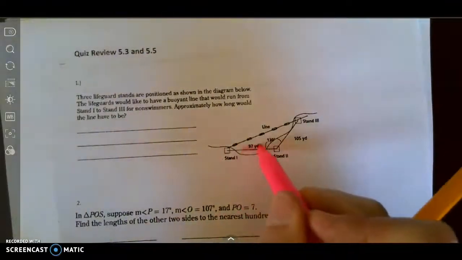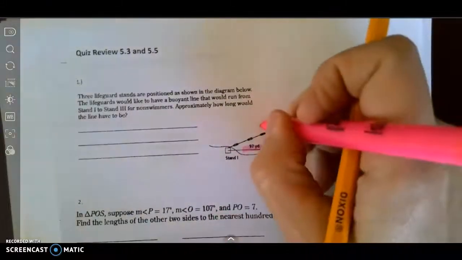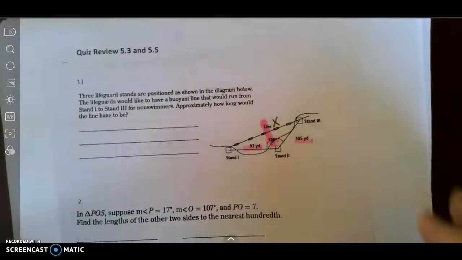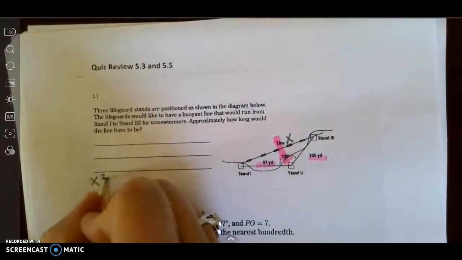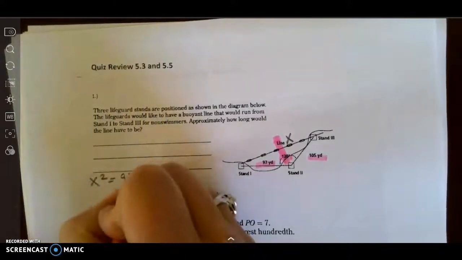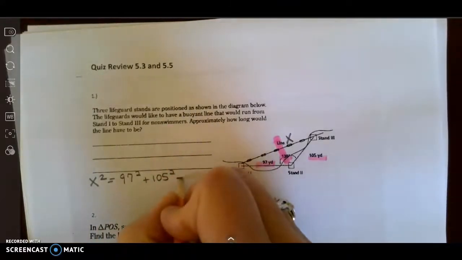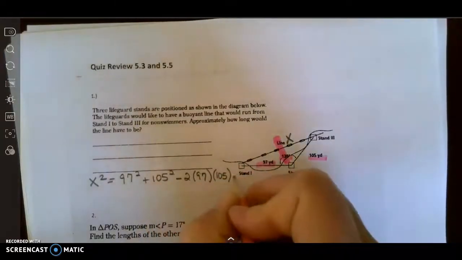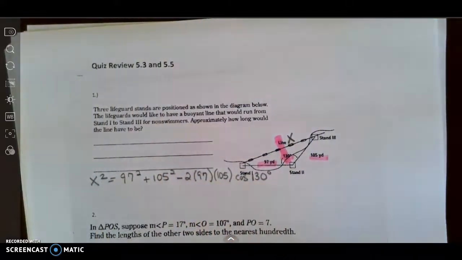Notice again, I have side angle side. Whenever I have side angle side, I use law of cosines. Here's this angle and the side across from it that I'm looking for. I'll call this x. So I would do x squared equals 97 squared plus 105 squared minus 2 times 97 times 105 times the cosine of 130 degrees.